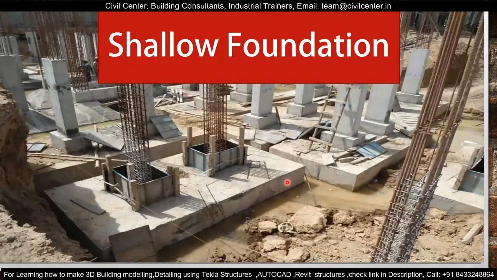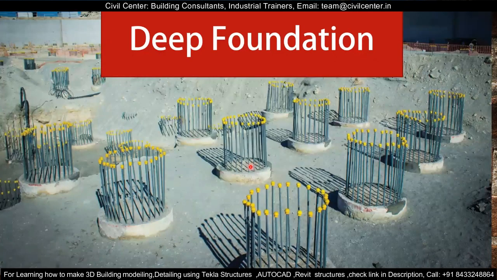So let's brief the shallow foundation and the deep foundation in this video. So the shallow foundation will be constructed where the hard soil stratum is found at a depth of 2 to 3 meters, whereas the deep foundation will be constructed where the hard soil stratum is found at a depth of more than 3 meters.